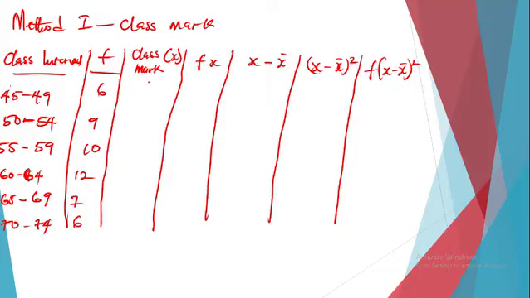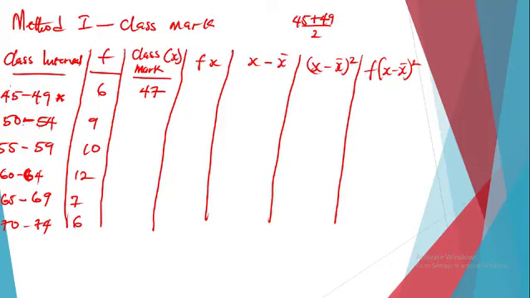Our class mark. How do we determine our class mark? It means 45 plus 49 divided by 2, that is finding the class mark of the first class interval, and that will give us 47.